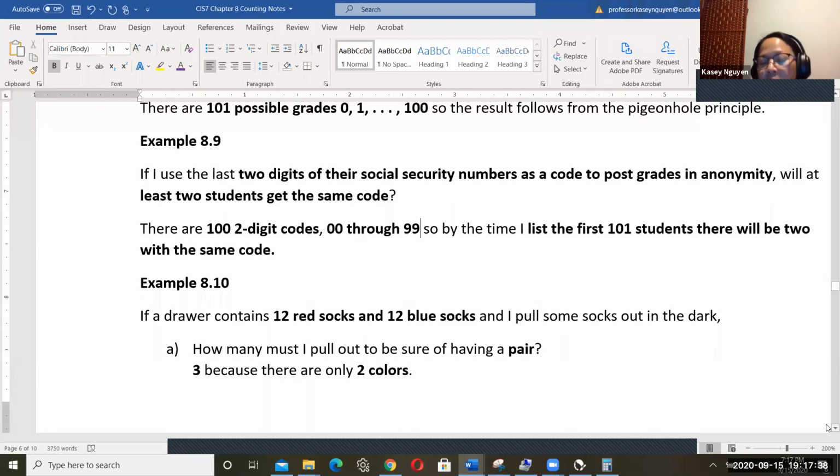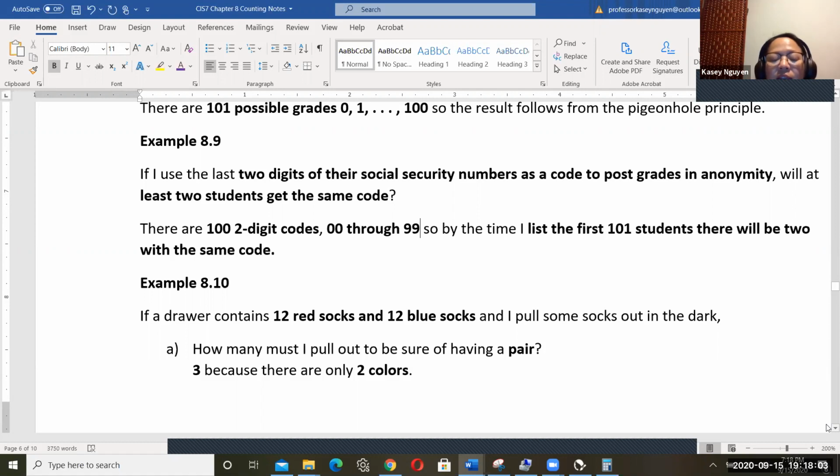In example 810, it says that in a drawer you have 12 red socks and 12 blue socks. If you need to remove the socks in the dark from the drawer, will you get a match? How many times do you have to take out in order to get the matching socks?